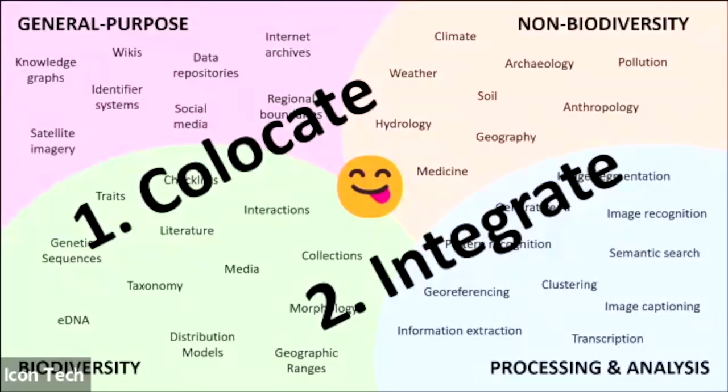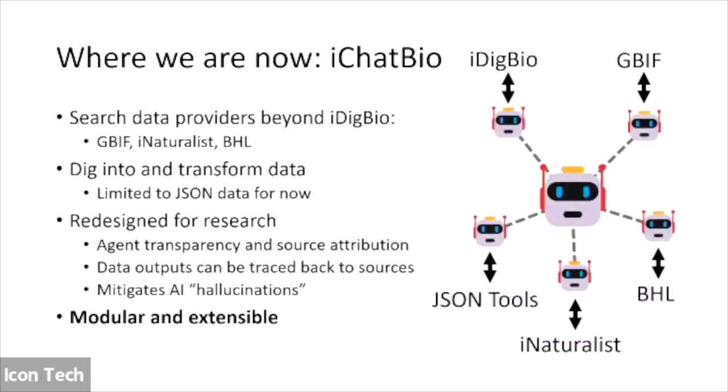This is the vision. Back then we were just doing iDigBio, so we just had collections and media data, and that was about it. But hopefully someday we'll cover a much larger span of that. But where we are now is we christened it, we gave it a name, iChatBio, and it's got a website I'll show you later.